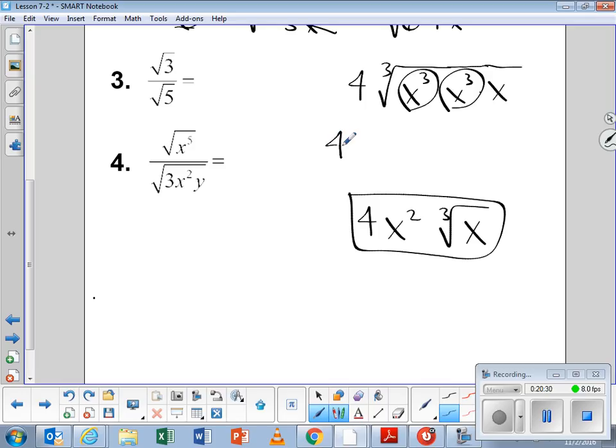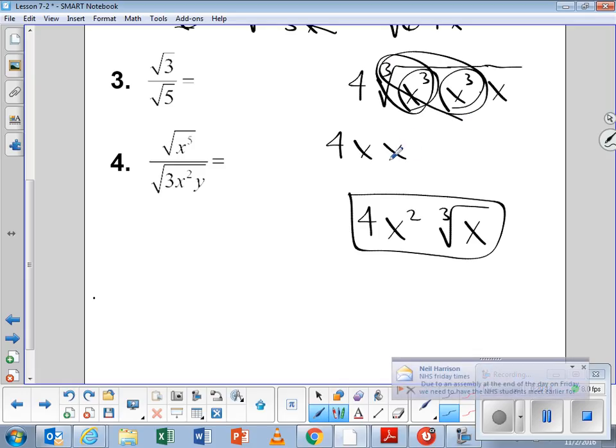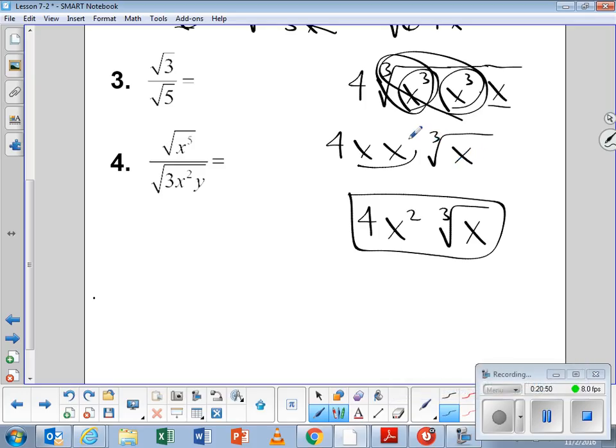So for this, I left out a step that says the cube root of x to the cubed is x, and then the cube root of x to the cubed is x, and then the cube root of x, I can't do anything with it. So we leave that in here. So these two factors of x became x squared. Okay?